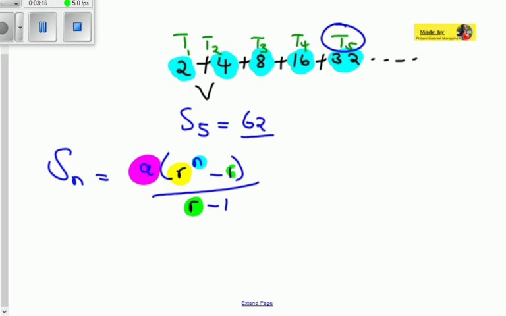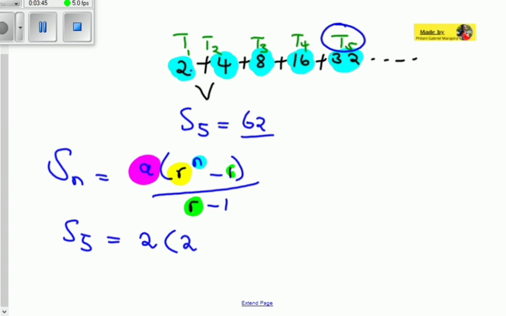Let's say we've got 5 terms. How are we going to calculate their sum? For the sum of the first 5 terms, we insert our first term, which is 2, multiplied by the ratio, which is the number we multiply with to get to the next term. From 2 to 4 we multiply by 2, from 4 to 8 we do the same. So the ratio of 2 is to the power of the number of terms. How many terms have we got in this series?